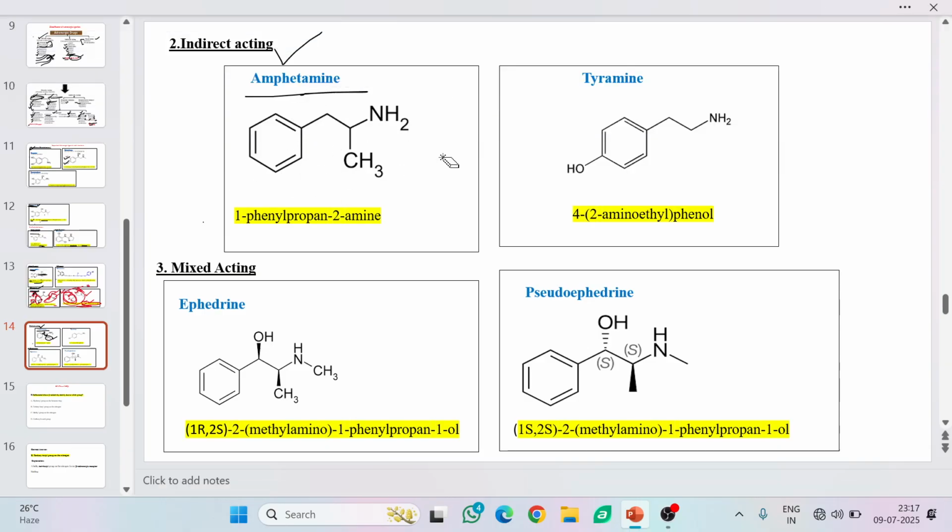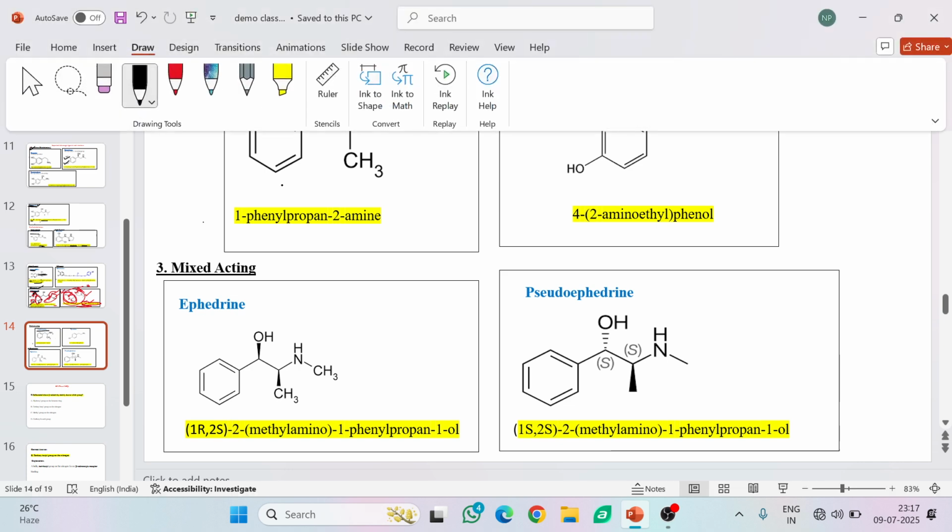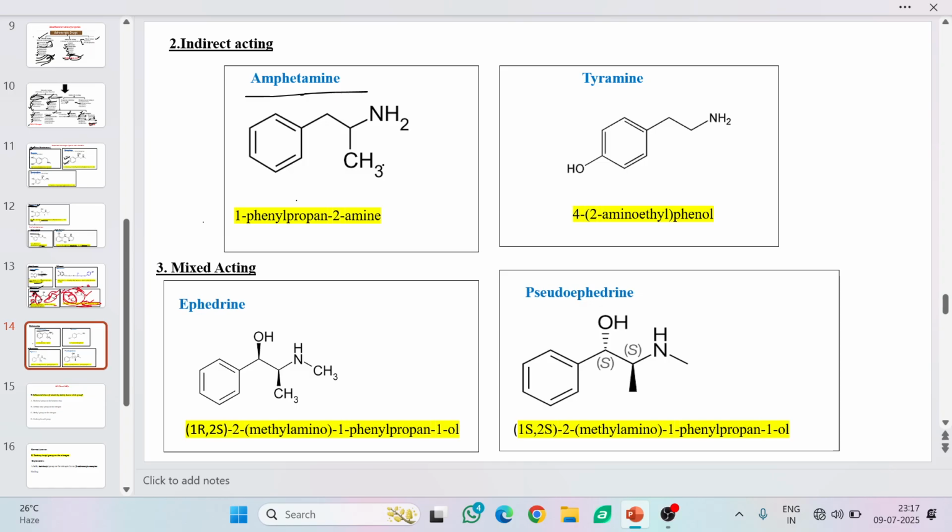Amphetamine is used in various situations. It contains this alpha carbon, and at the alpha carbon there is the presence of a methyl group. So it contains substitution at the alpha carbon. They may ask a question like: which of the following drugs is alpha carbon substituted?